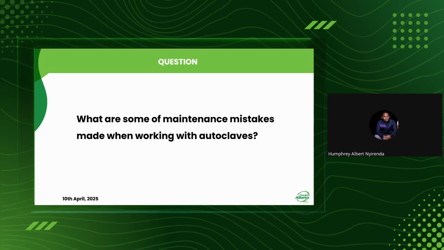Hello. So one of the other mistakes that we make as we're maintaining these autoclaves is the idea of once it works, leave it working and don't tamper with it.